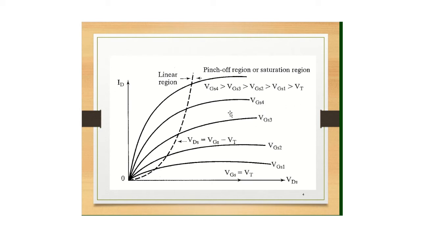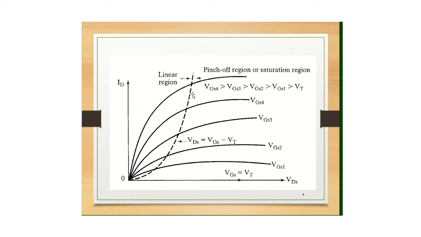That is the condition where there would be pinching off of the width of the channel across the drain terminal, and that is where the drain current would reach saturation or become almost constant, right? So that is our saturation region or the pinch off region.